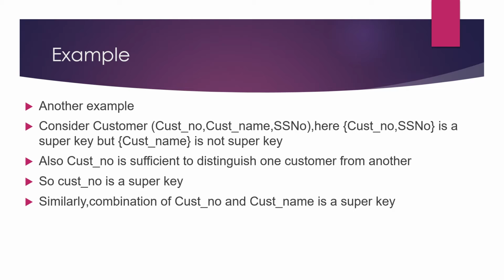Why is it not a super key? Because two or more customers may have the same name. Also customer number is sufficient to distinguish one customer from another. So customer number is a super key. Similarly, the combination of customer number and customer name is also a super key.